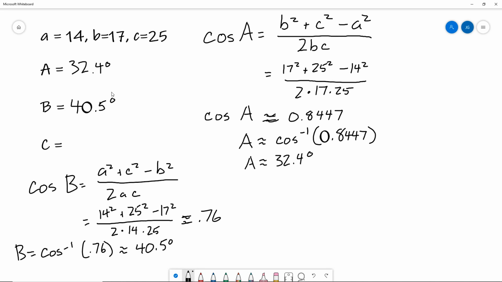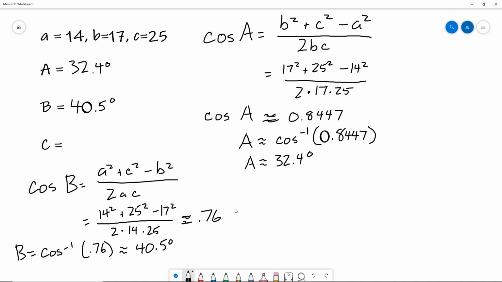And then my last step, I'm going to subtract A and B from 180 to figure out C. I don't want to use the law of cosines to figure out C, because rounding might cause it to become a little bit off from its actual value.